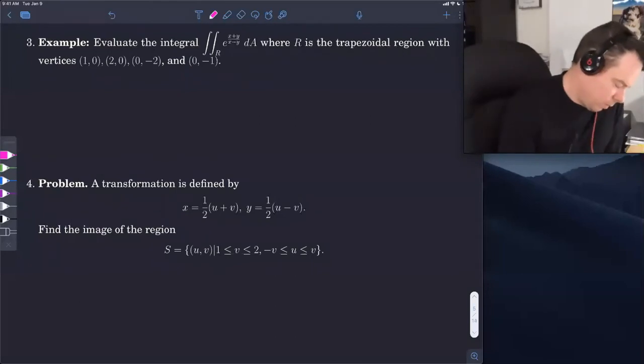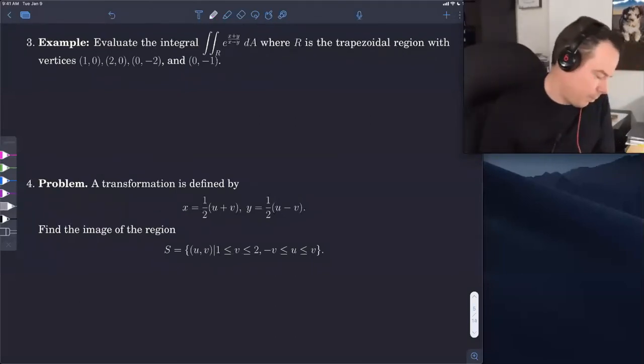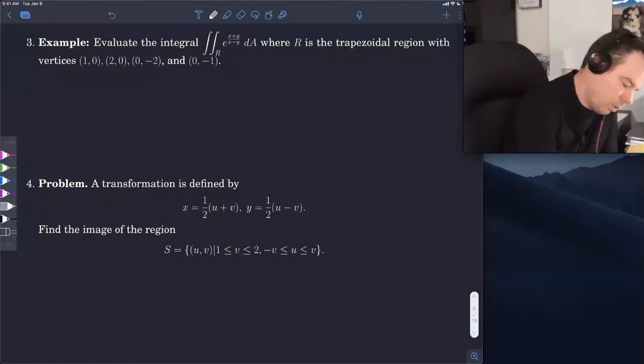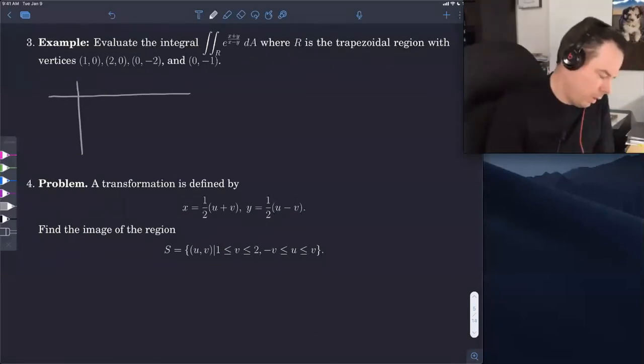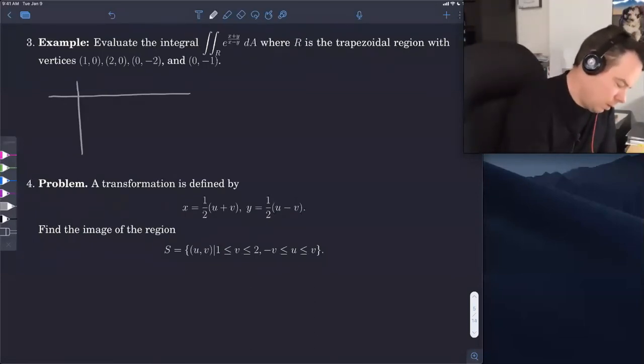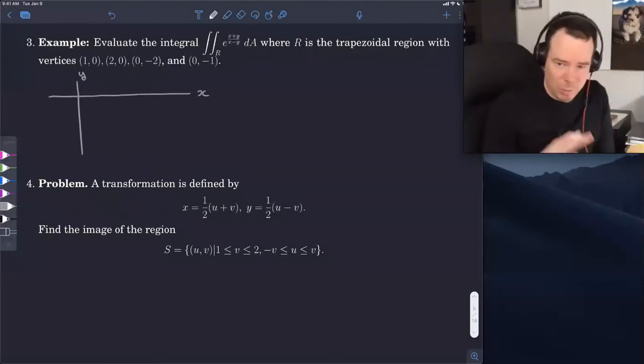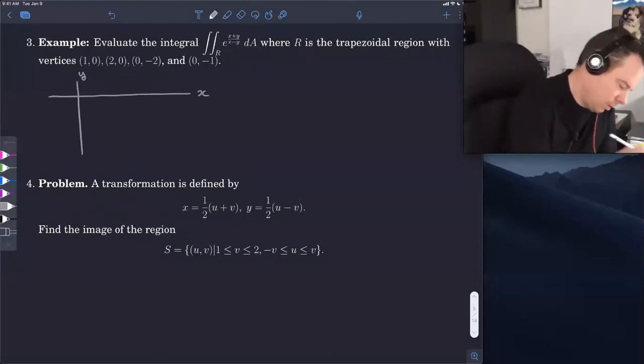another integral. This one's a double integral. We want to evaluate the integral over this region R, which is a trapezoidal region with the following vertices. So this is x, y. I've written it so that we're going to be working below the x-axis just because we see that there are some negative y values in our points that are listed here. So we've got a 1, 0.